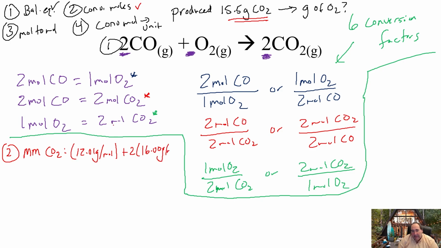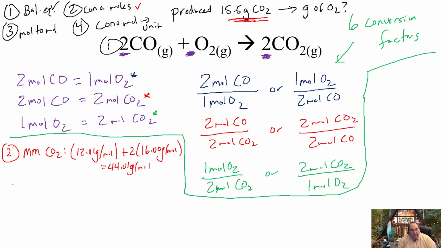Again, we're getting these numbers from the periodic table below the element. We take 12.01 plus 32, which gives us 44.01 grams per mole. We are going to use that molar mass as our conversion factor to convert the grams they gave us into moles.